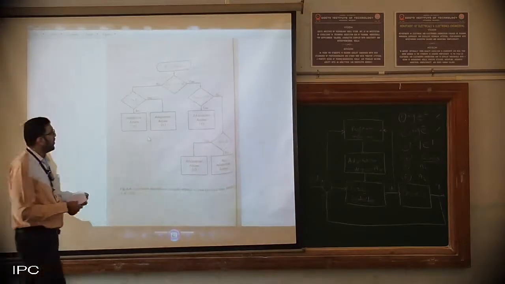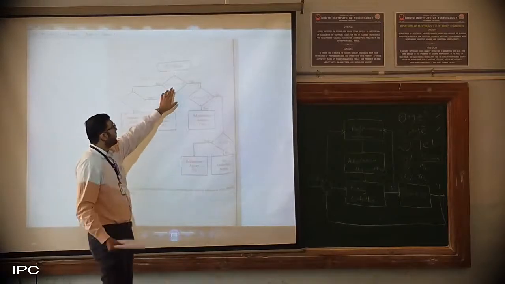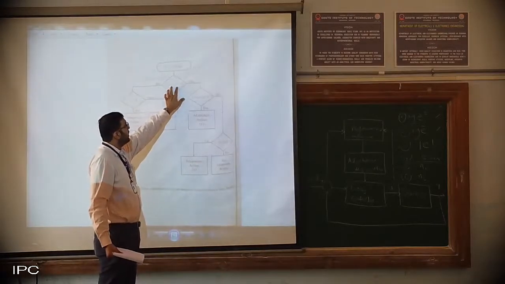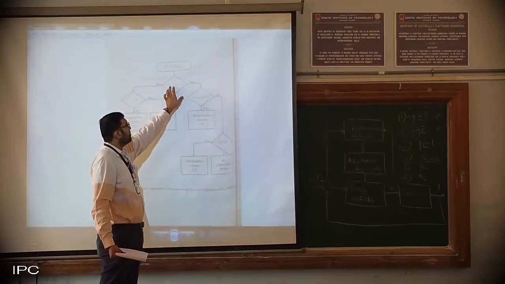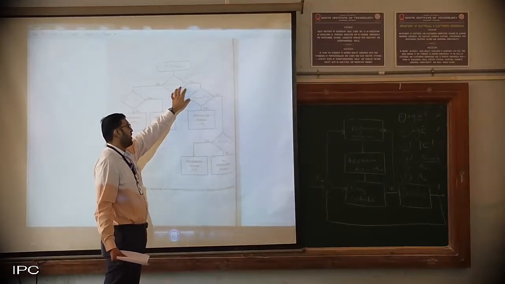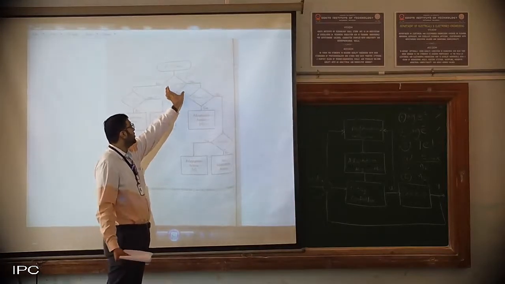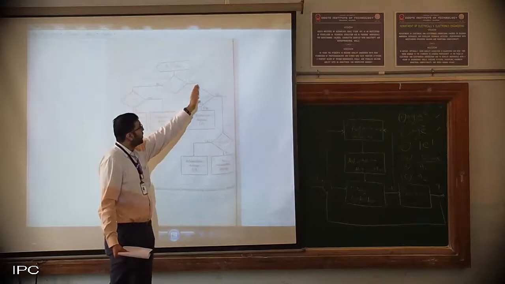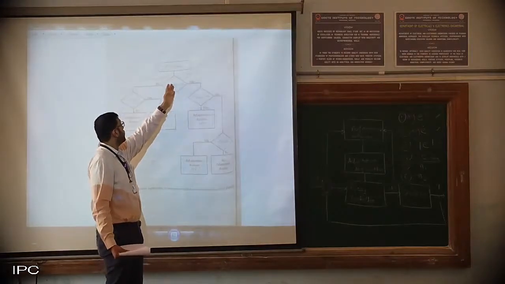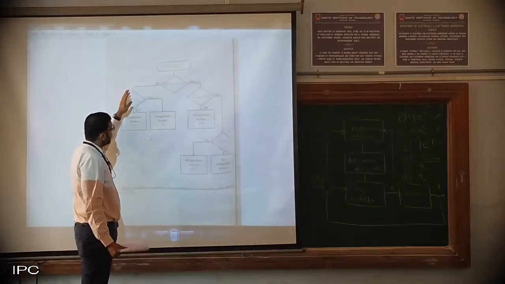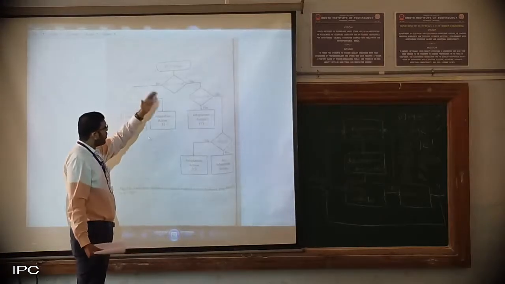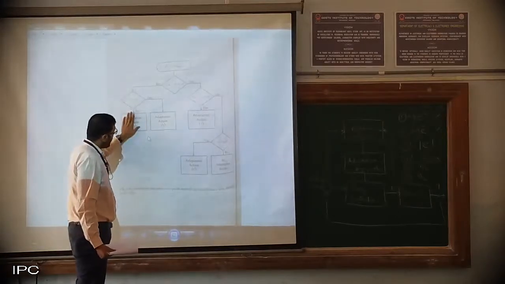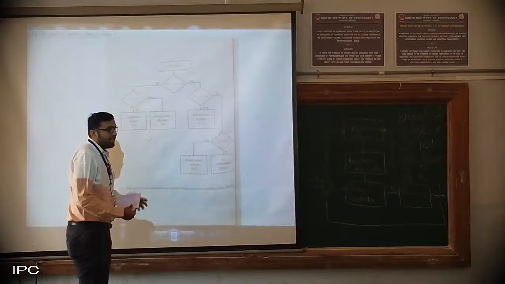For example, if the error is greater than minus alpha but less than plus alpha, if it is in this range, then it will go to this one. But let us say it is not this. If the error is very much high, whether above 0 or below 0, adaptive action A or adaptive action B is taken.